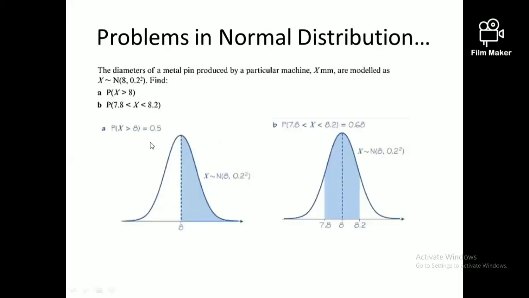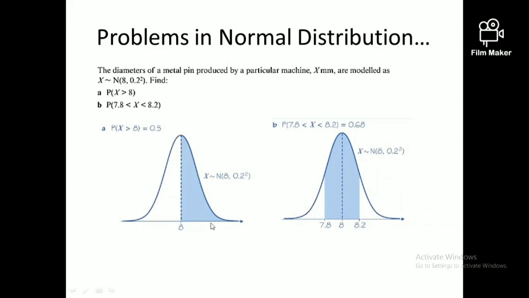Right. If you come across this question: the diameter of a metal pin produced by a particular machine, X millimeters, is modeled as a normal distribution of mean 8 and standard deviation of 0.2. Find the probability of X being greater than 8.